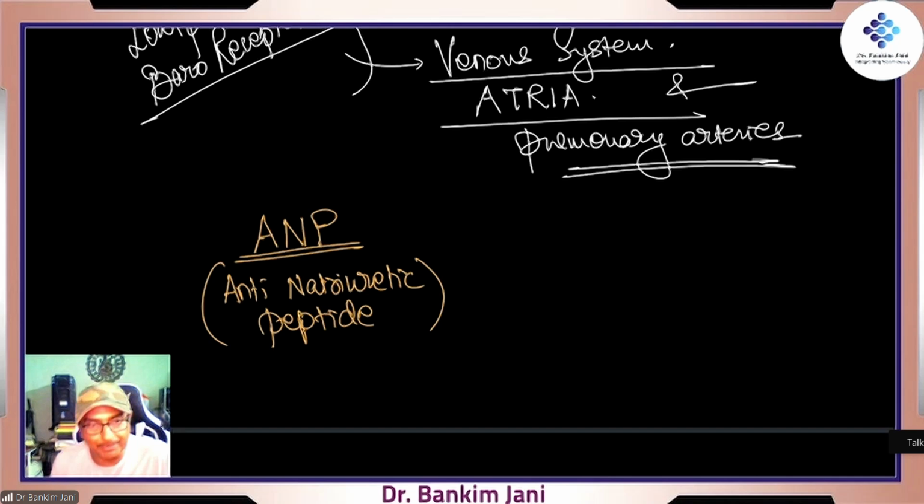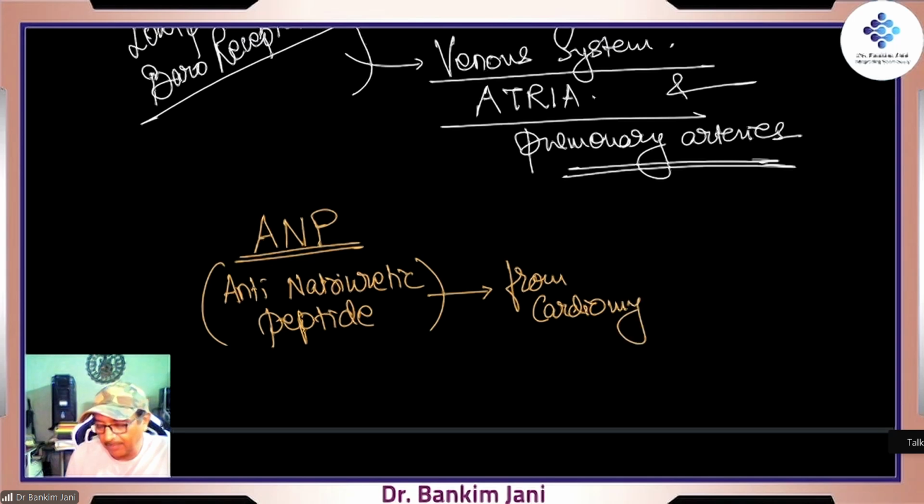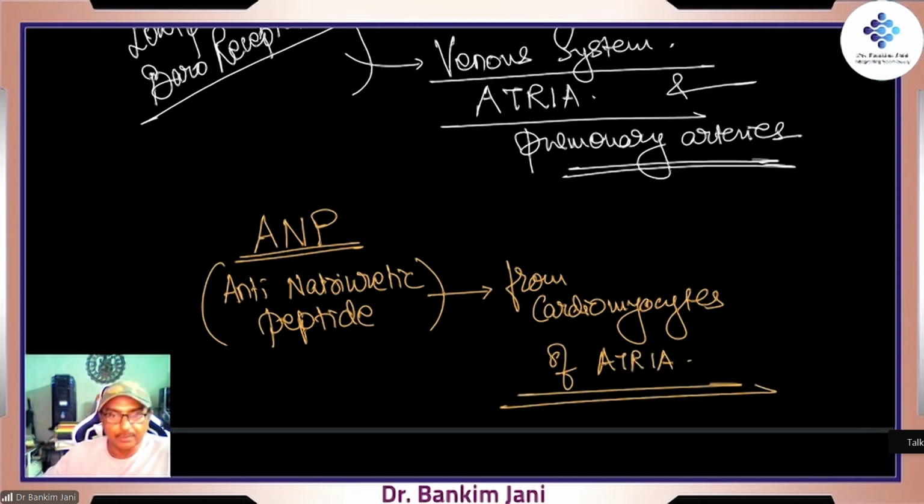Now this ANP is released from cardiac muscles, cardiomyocytes, but of the atria only. So what will they do? They will keep on checking, and if the blood pressure is high, they will lead to vasodilation.